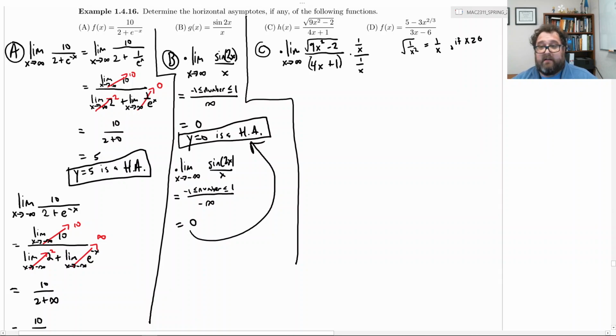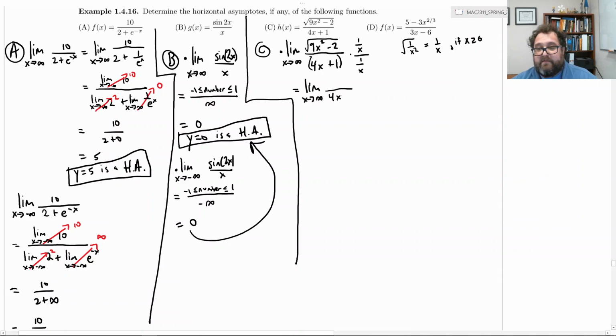And since we're taking the limit as x goes to infinity, yeah, we can say that's true. So this is just like we did in the last video. In order to get under the radical sign, we have to be careful. And so here on the next step, I'll say this is equal to the limit as x goes to infinity.